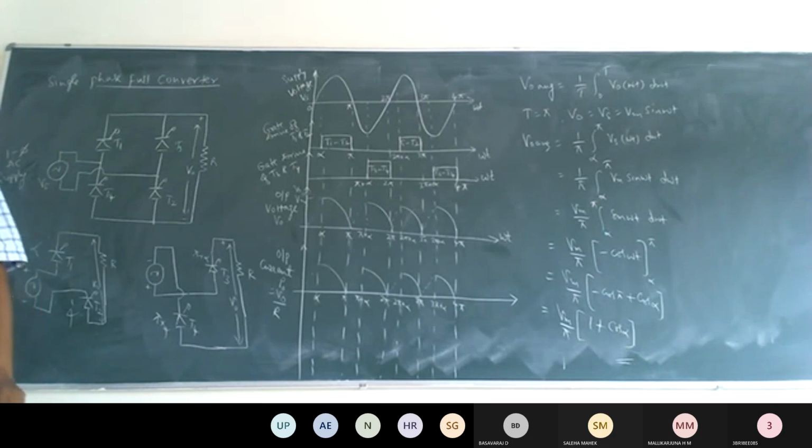Similarly, you have to calculate V naught RMS.